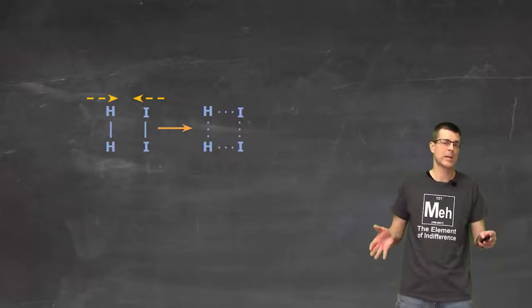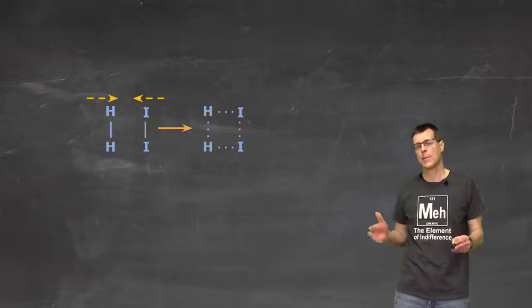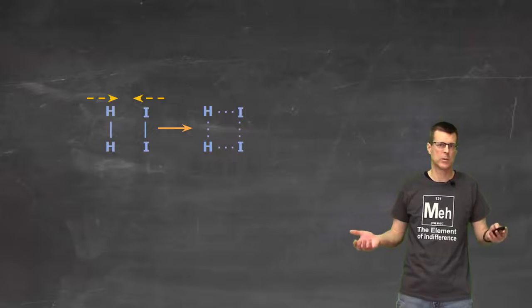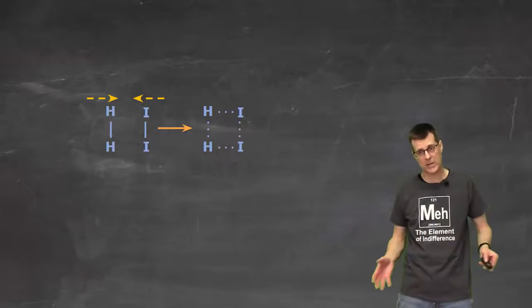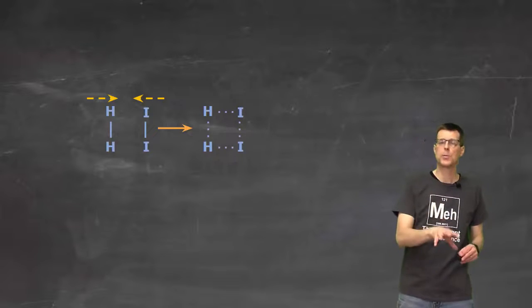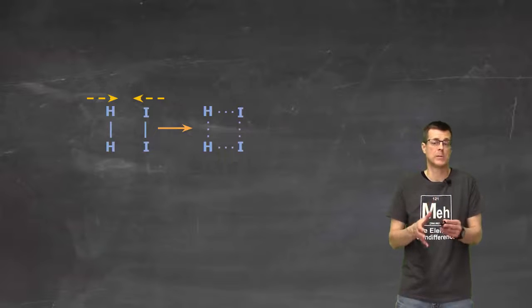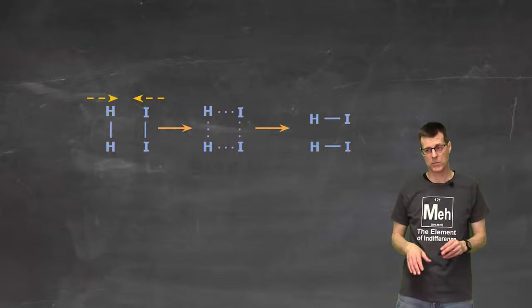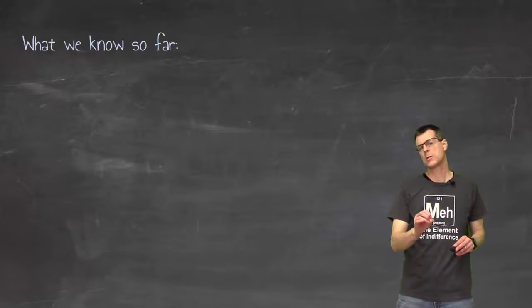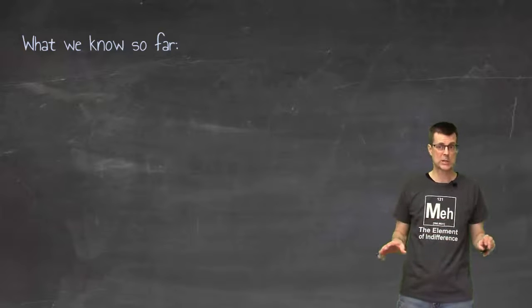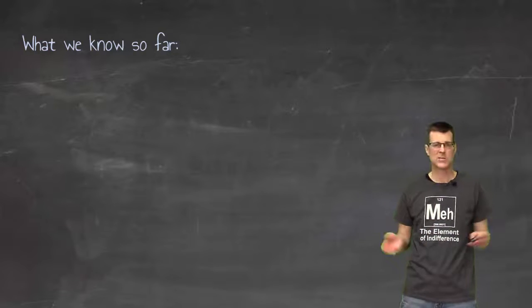That can probably happen, but it can also happen where bonds are broken as new bonds are formed, or new bonds are formed as old bonds are broken. But the bottom line is I need these things lined up for that to happen. There has to be a correct orientation. Orientation is tricky because particles are in constant random motion. So collisions are easy. Orientation is a bit of a gamble.